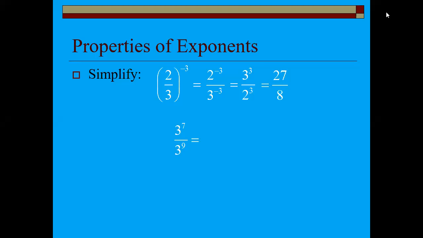This is the division rule. So what do we do? Since the bases are the same, you pick one, that is 3, and then you subtract the exponent. Thank you. Très bien. This will be raised to the power 9. Okay, so this will result in 3 raised to the power -2.